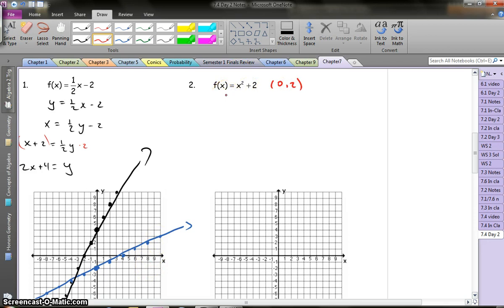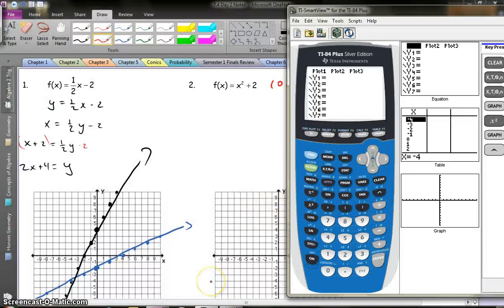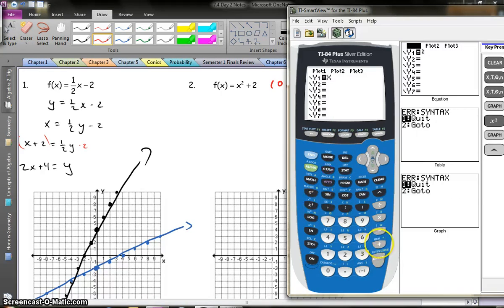But if you don't remember our vertex form, we always have our trusty tool, our calculator here, to help us out. Alright, so we have x squared plus 2, and we're going to graph that, and it looks like that.